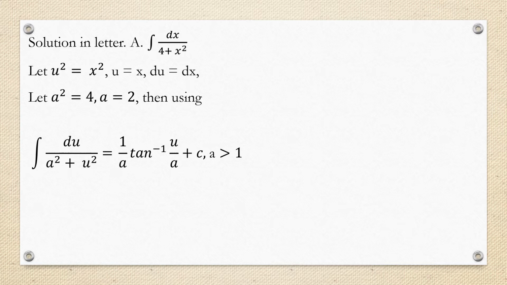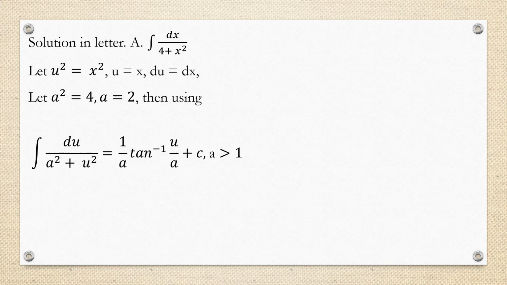Then, as we get the derivative of u, we write down du, and for the derivative of x, on the right hand side, we have dx. Then we let a squared be equal to 4. Second, we get the value of a, which is positive 2, because the square root of 4 is positive 2.